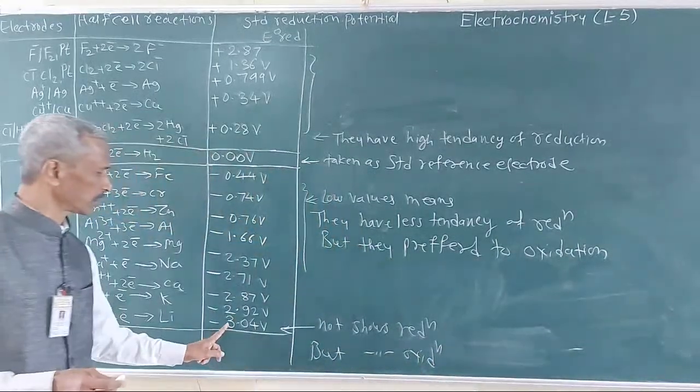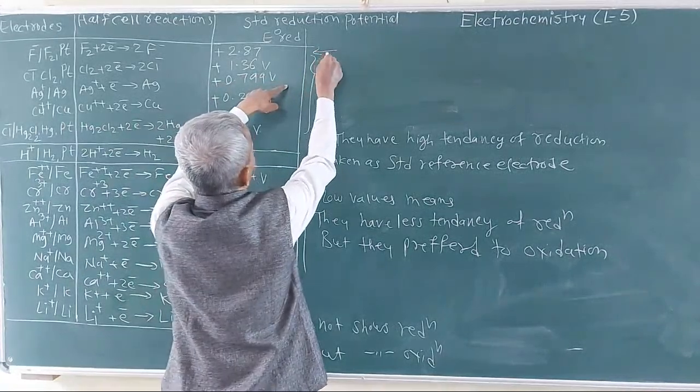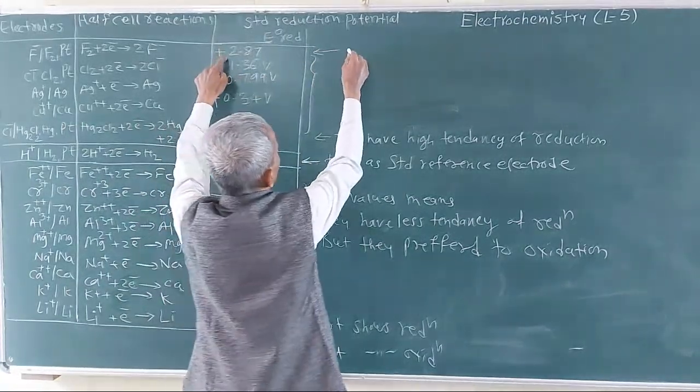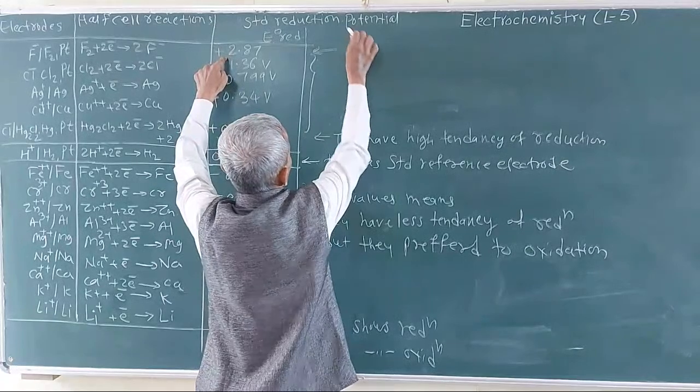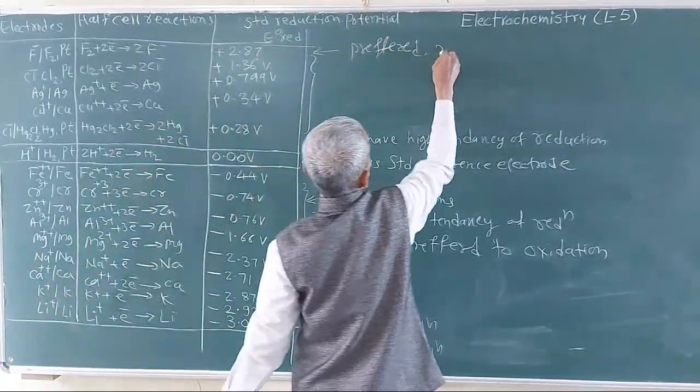In this case, this is the electrode having the positive value. That means it prefers reduction.